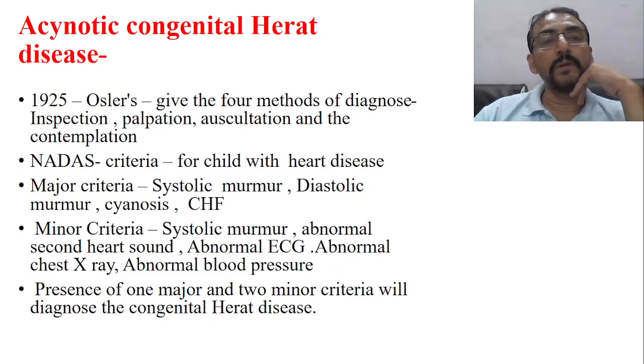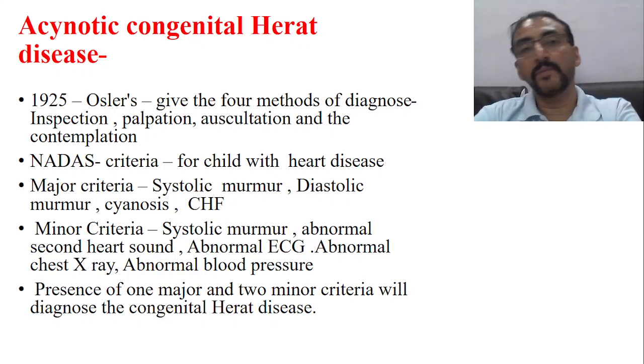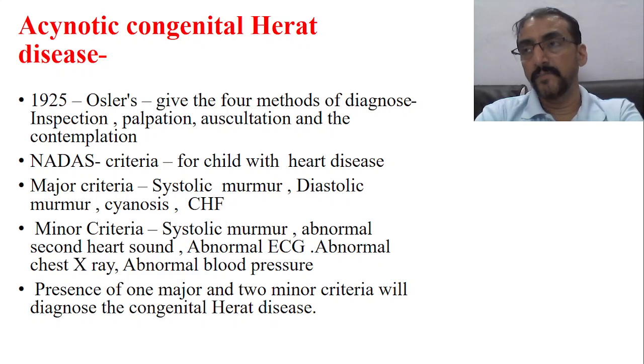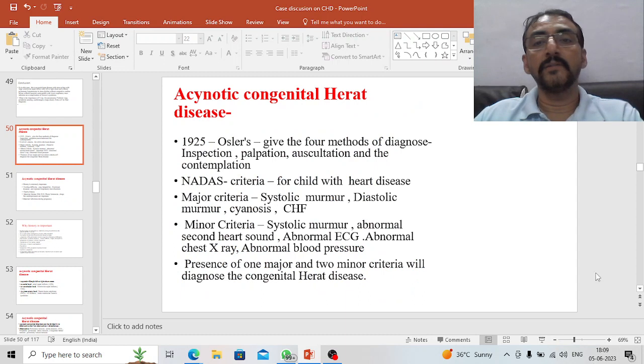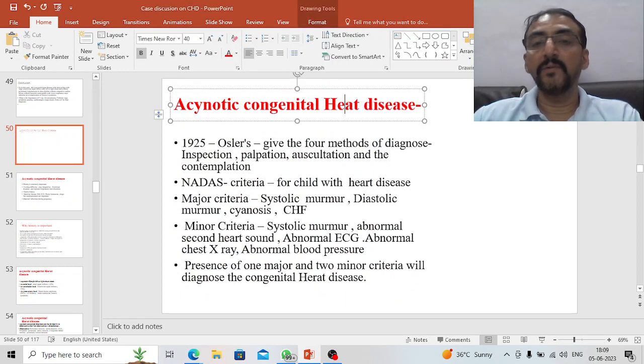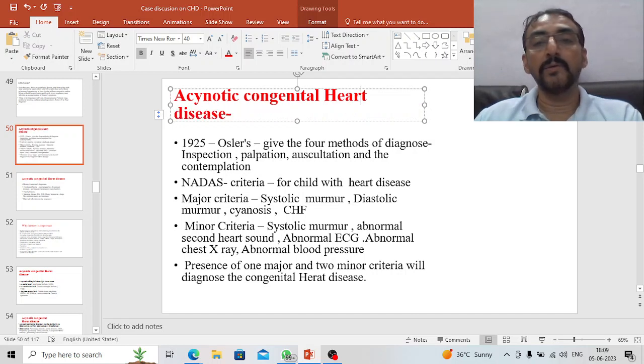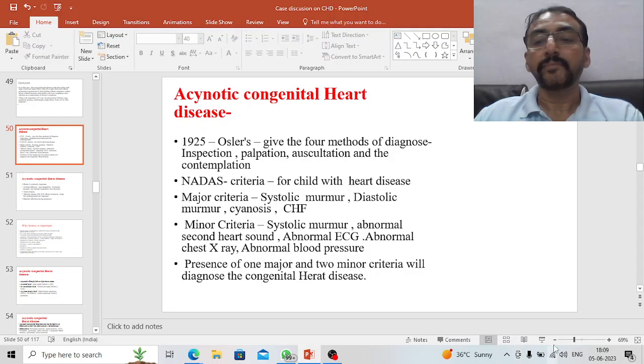In the last few classes, we have been discussing some case studies related to congenital heart disorders. Especially, we have seen two case studies related to acyanotic heart disorders in the last two classes. In detail we have dealt with the case studies.